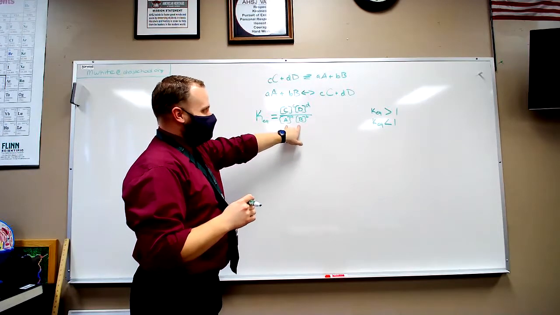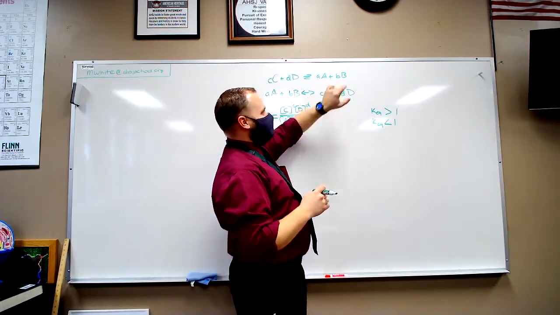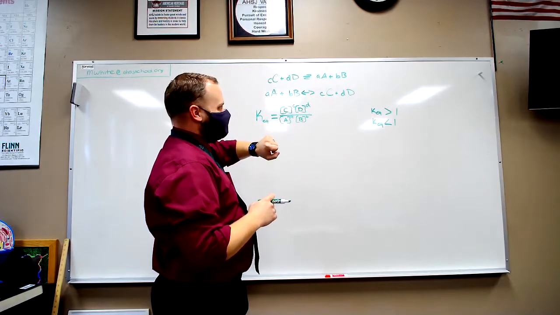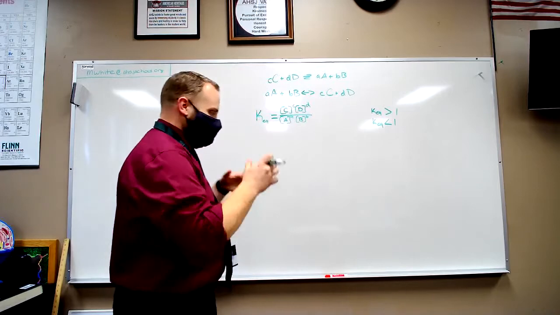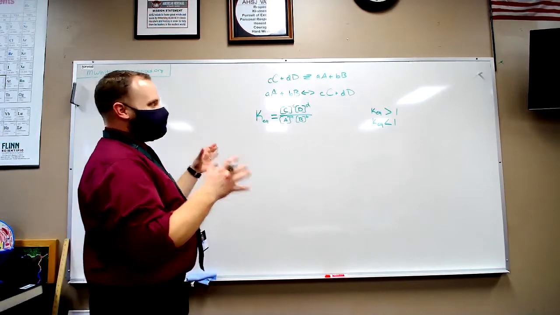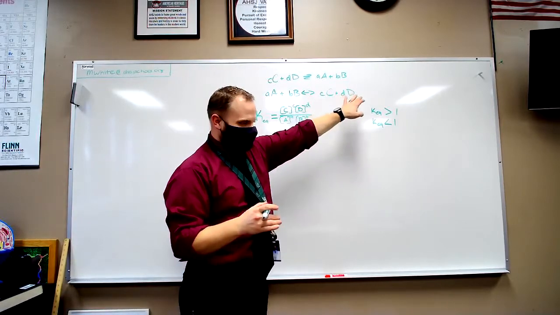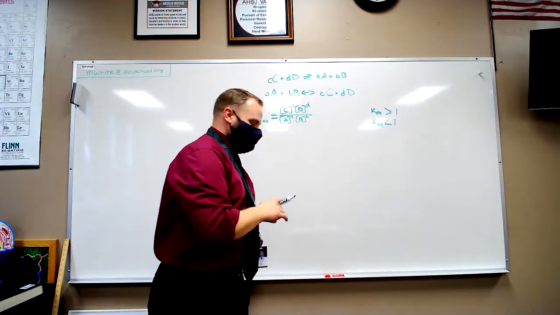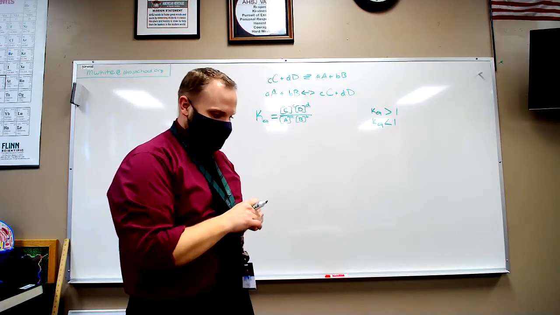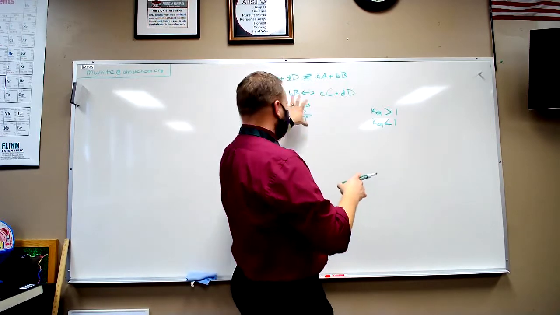Because these now are the products, and so they have to go on the top. So if you have a K value, it is specific to how you wrote the equation. If you write it in the reverse order, it's going to change your K value because it changes how this is written.